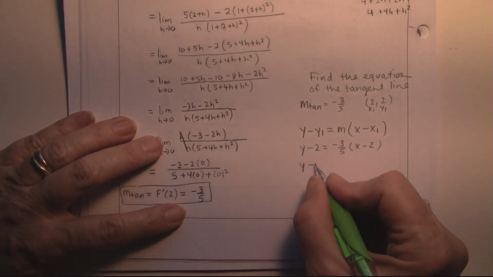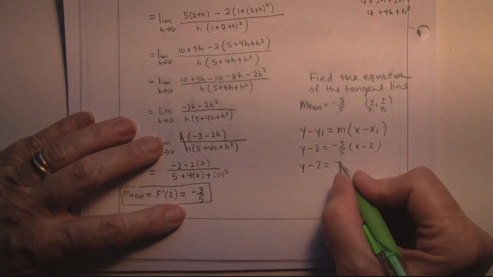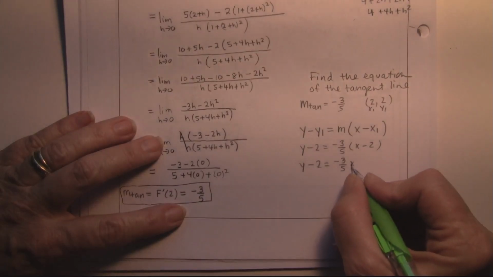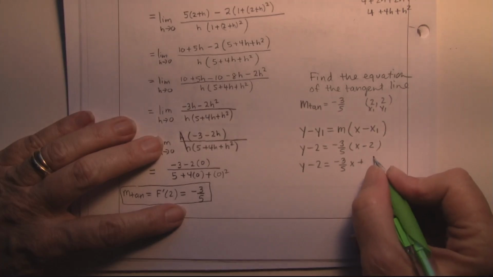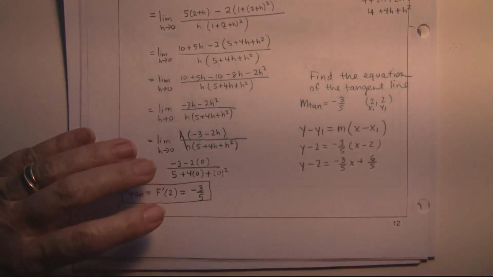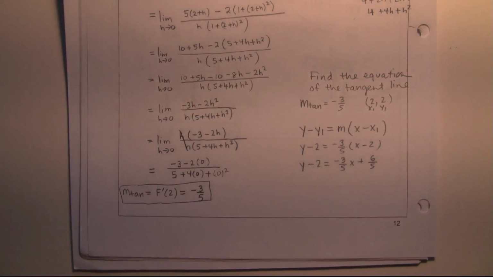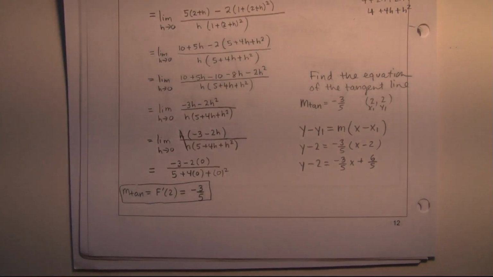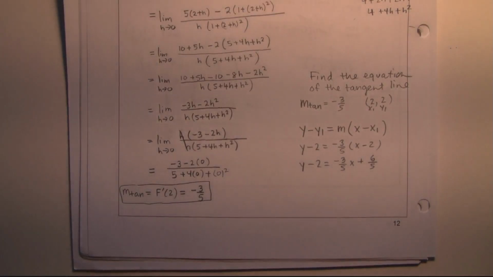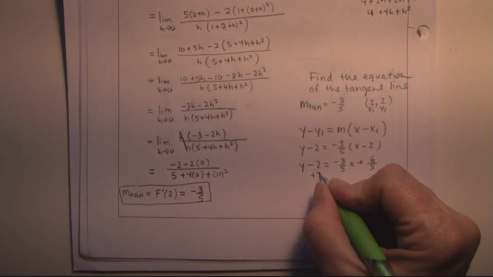So this is y minus 2 equals negative 3/5 x plus 6/5. And then I'm going to add 2. A negative times a negative is a positive. 2 times 3 is 6/5. So I think I'm okay there on my arithmetic.